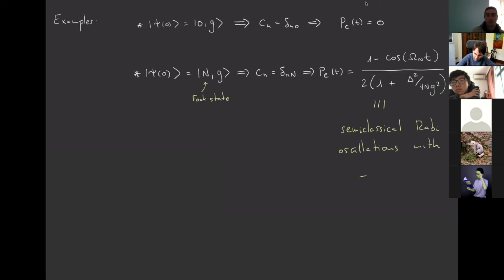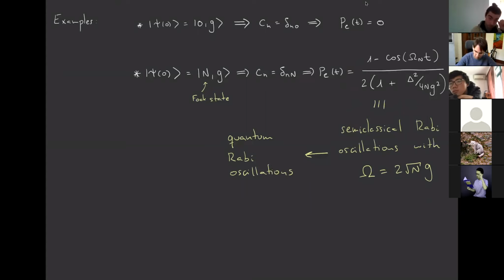But with an omega that we defined in there, an omega that in this case is 2 square root of n g, okay? And this is why we call this quantum Rabi oscillations, because in this case we have a quantized electromagnetic field interacting with the atom.